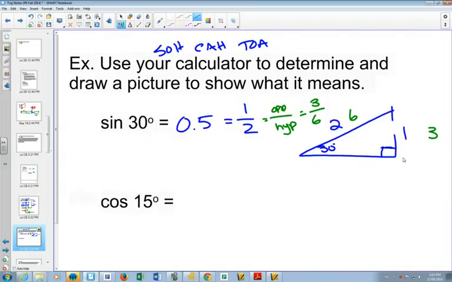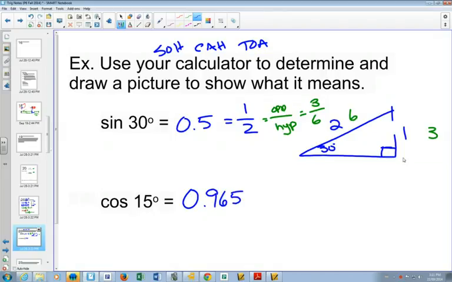Cos of 15 degrees. Yeah, that's a good one, eh? It works. Cos of 15 degrees, what does your calculator tell you? 0.965?